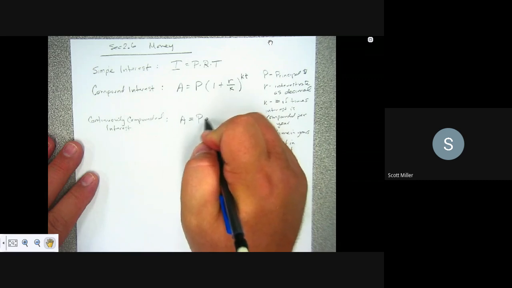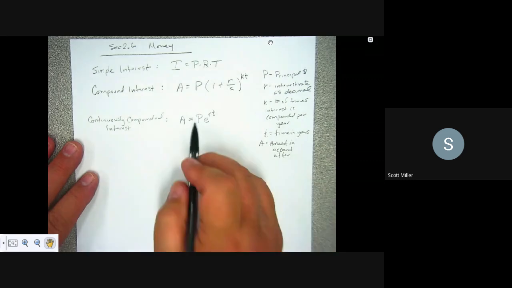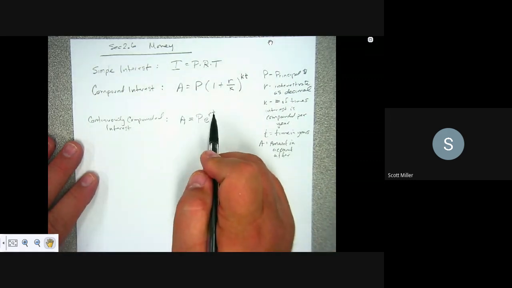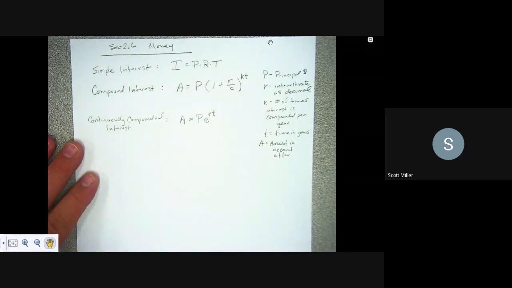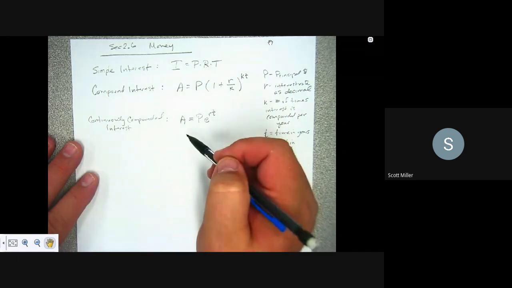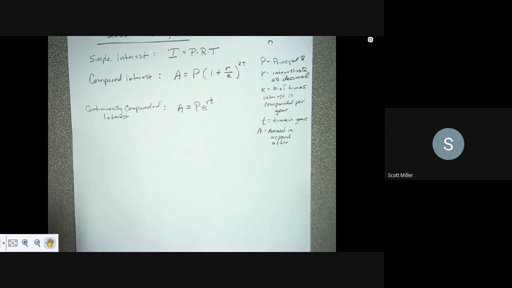P times E to the R T, PERT. P still is the principal, R is the rate as a decimal, T is still time, and E is the natural base E. We're going to be using these two problems right here in doing some calculations.